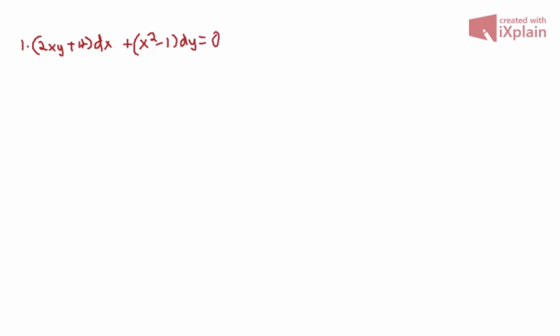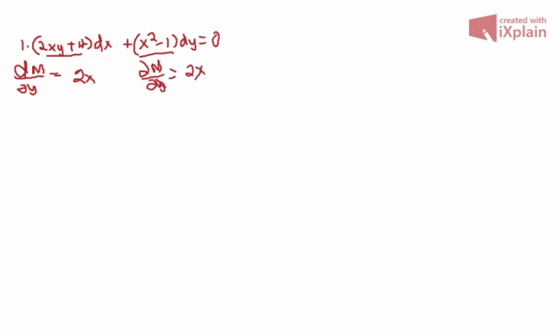Now, your m obviously is this side and your n is this side, right? So del m over del y is equals to 2x. Then del n over del x is equals to 2x.